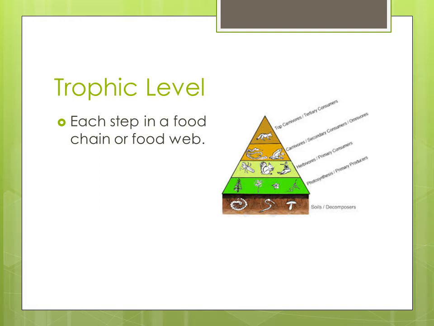And let's think about why they're at the base of this pyramid. Well, one reason is that when an animal eats a plant, only 10% of the energy of the plant is used for the development of that animal. And so you need a lot of plants to make just one animal.